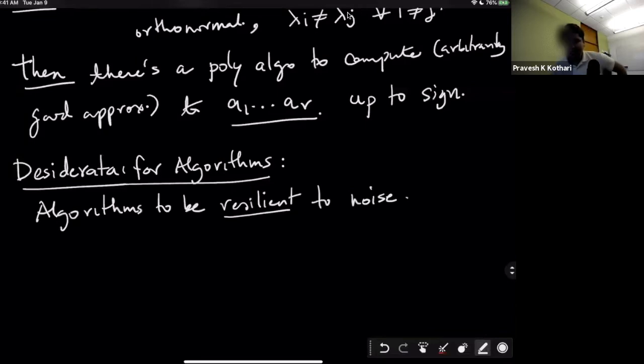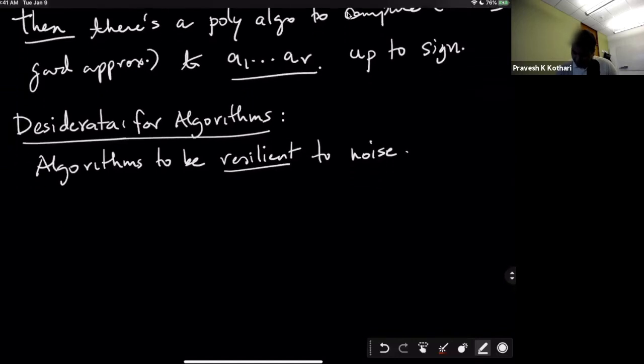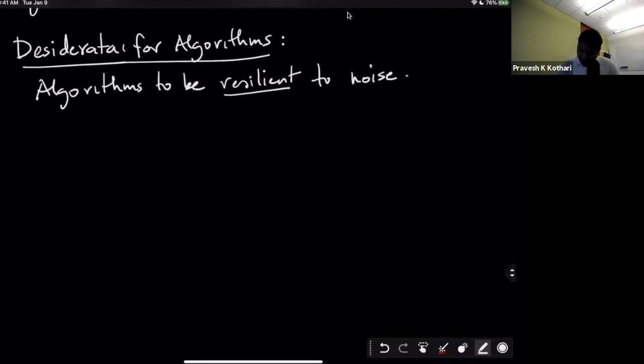And this is true for matrix decompositions and eigenvalue decompositions as much as it is true for tensor decompositions. This is really a desideratum for linear algebraic algorithms in general. You would want some level of noise tolerance to be baked into your algorithms, because otherwise they're not going to be useful. So what kind of noise would you want to handle?